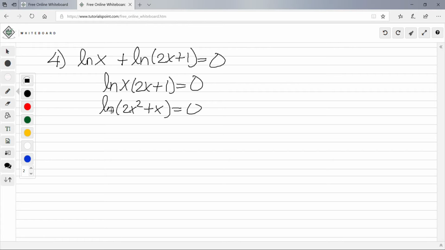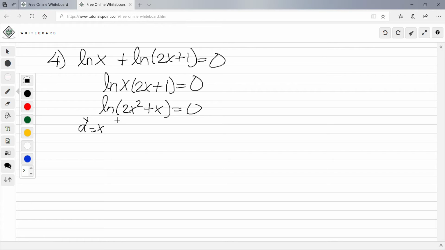So remember our rule. We have to put it in a^y equals x form. So what is our a? See how there's no base written on the log?